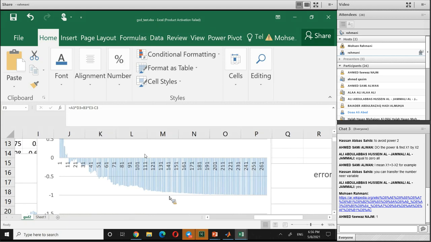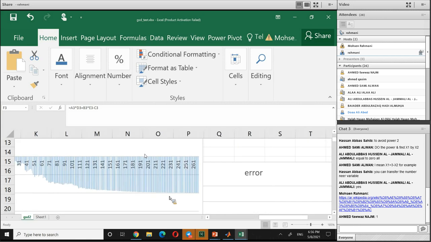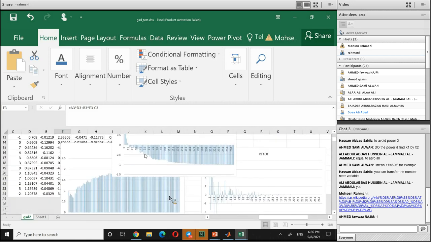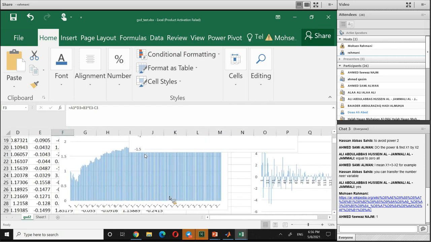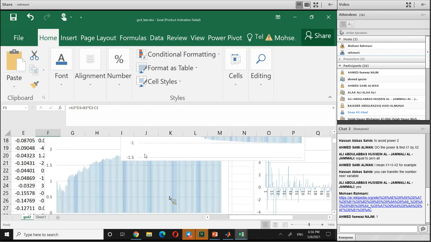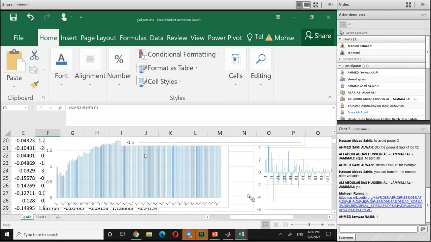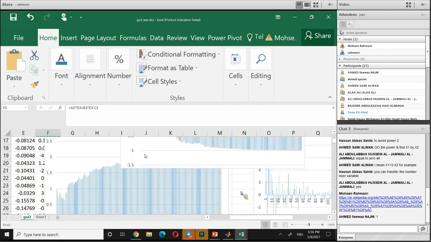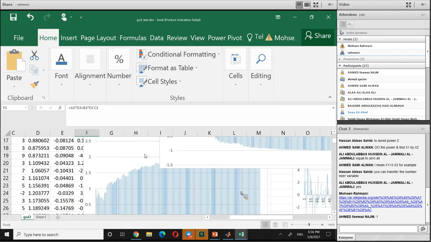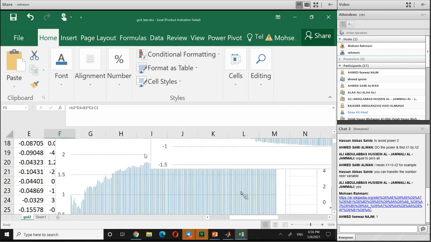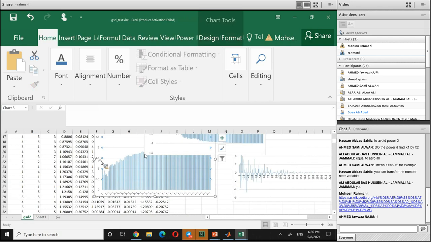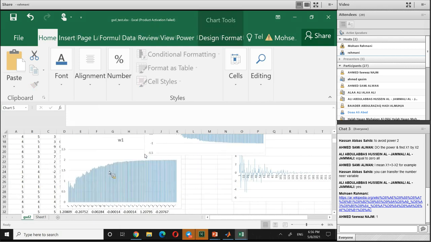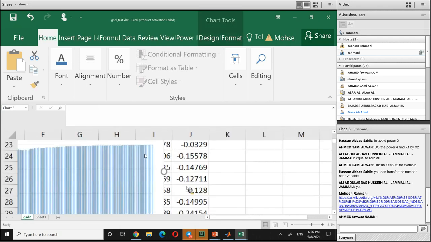This is true for our data. And for W1, we have received number 2.